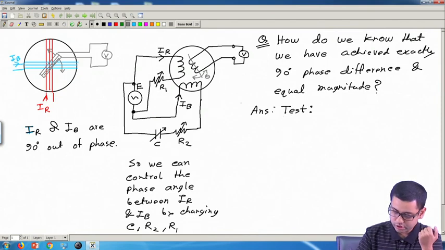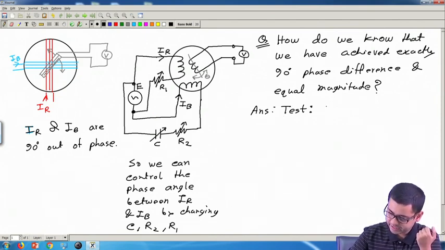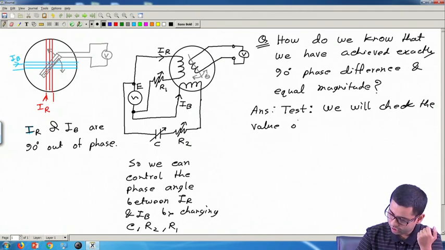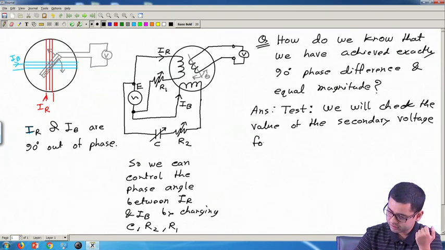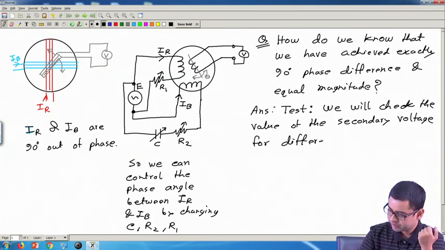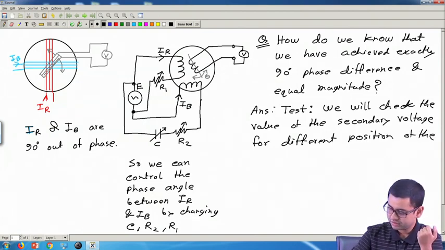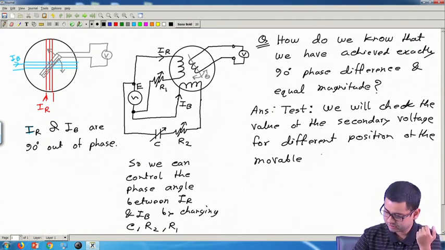So what we will do, we will check the value of the secondary voltage. Secondary means this voltage, secondary voltage for different positions of this movable or turnable coil or secondary coil.